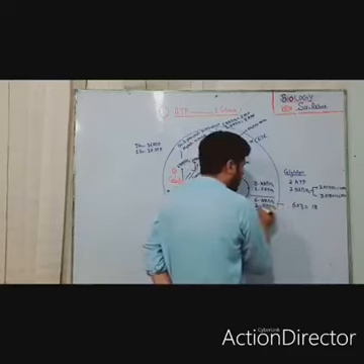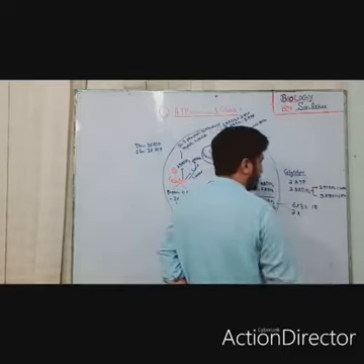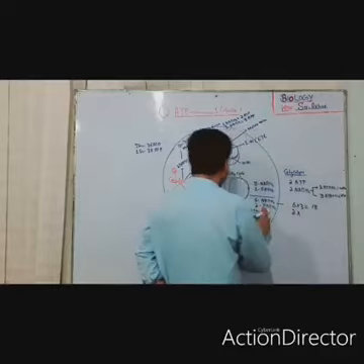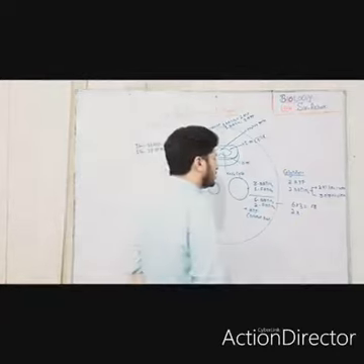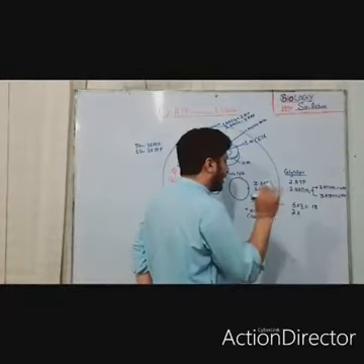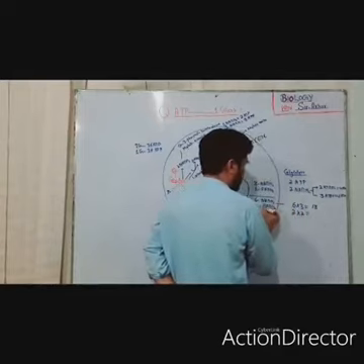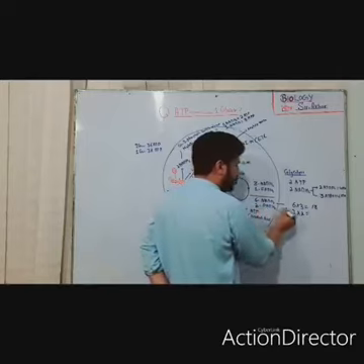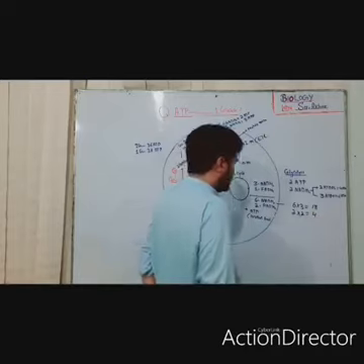And FADH2 will always produce 2 ATP, whether it is present in glycolysis or the Krebs cycle. So 2 multiplied by 2, because 1 FADH2 molecule produces 2 ATP, so total 4 ATP are produced.